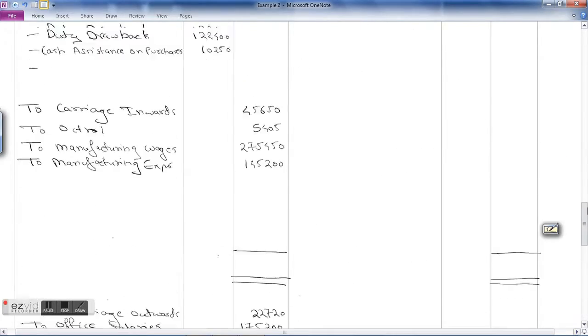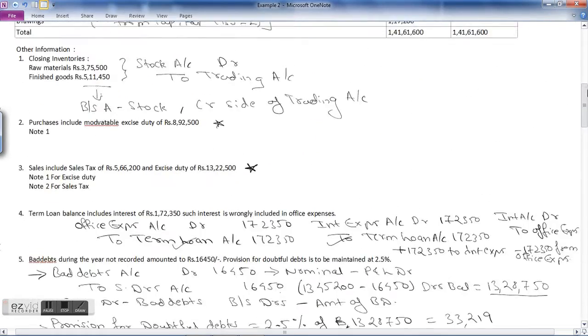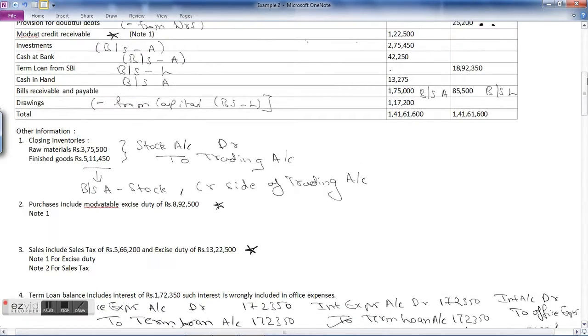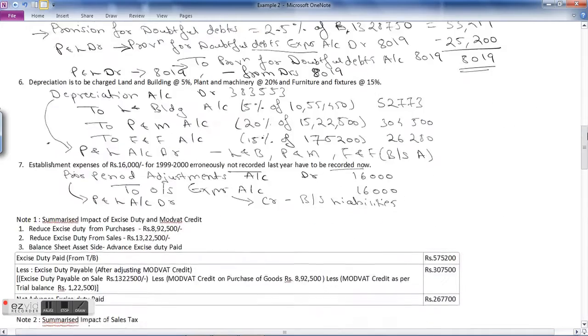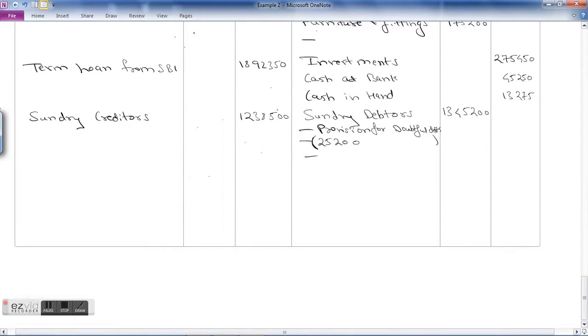Then the next one, bills receivable and bills payable. Okay, so bills receivable is your balance sheet assets and bills payable is balance sheet liability. So bills receivable 1,75,000, balance sheet asset side. So after debtors I'll put bills receivable 1,75,000.